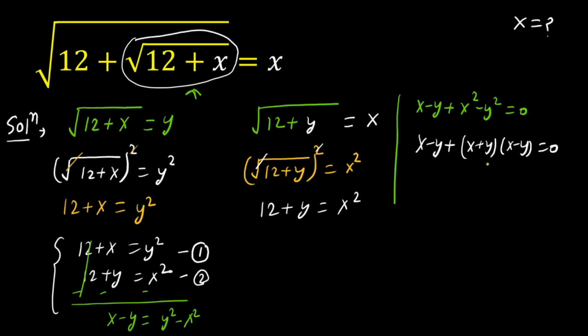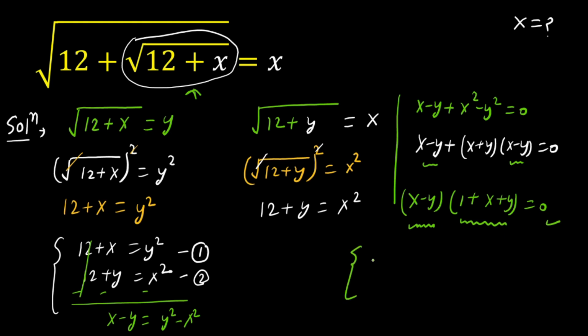Here x − y is common. If we take x − y common, then (x − y)(1 + x + y) = 0.